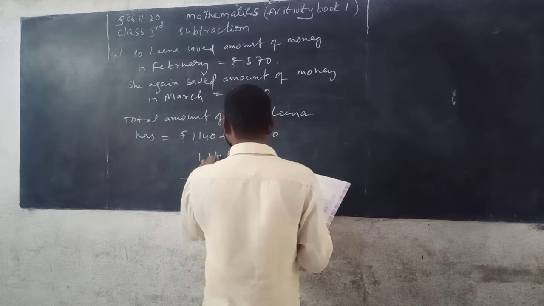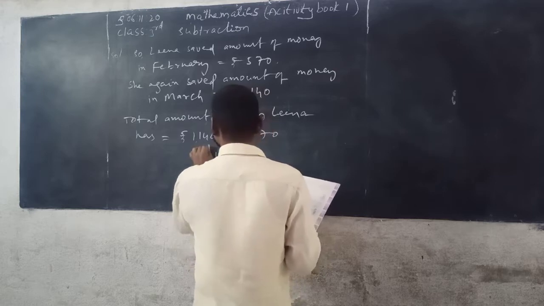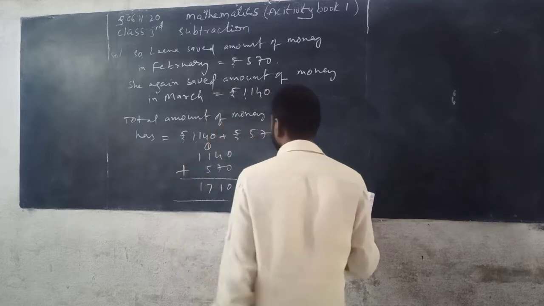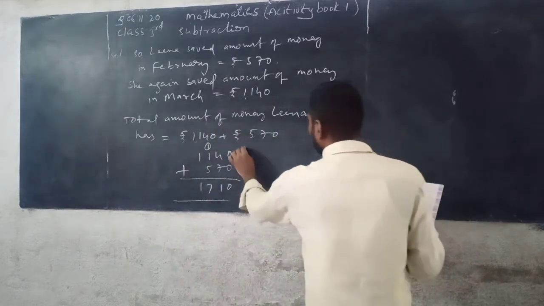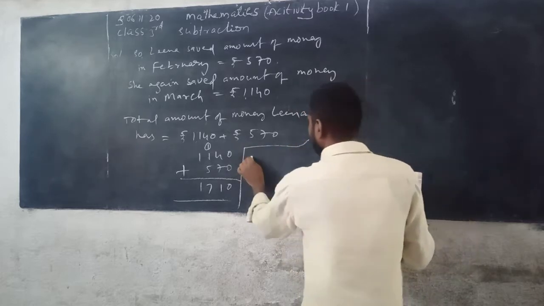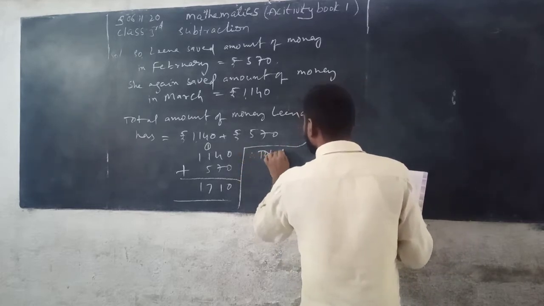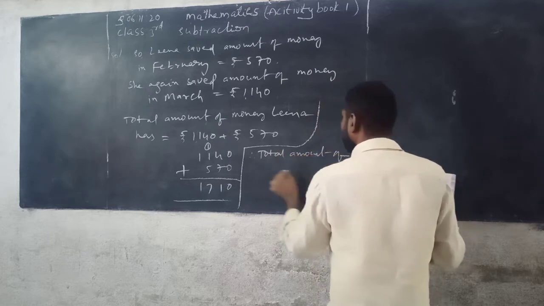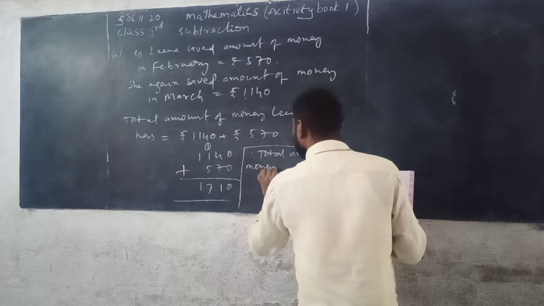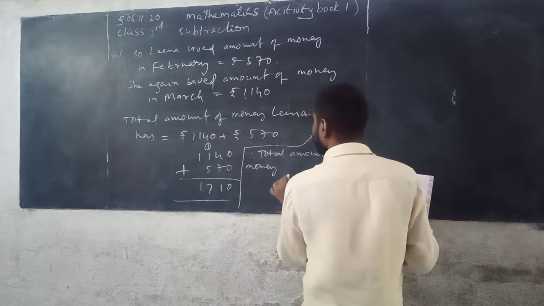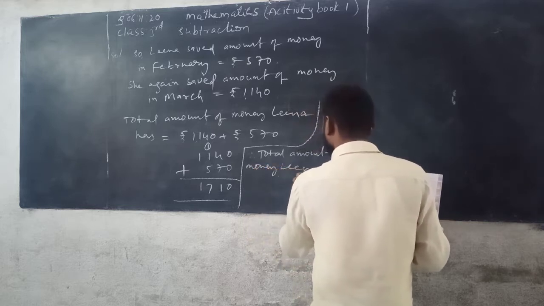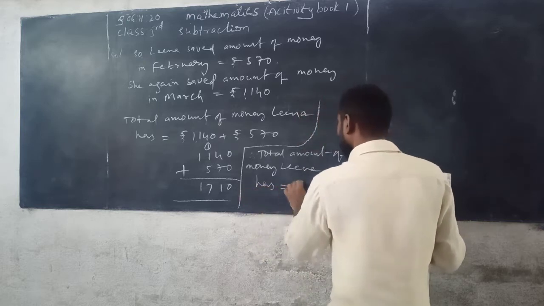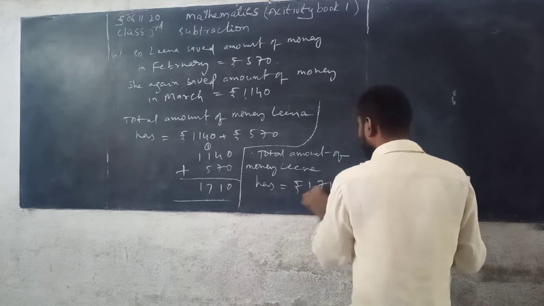See here, 0. 4 plus 7 is 11, 1 taking, 1 carrying. 1 plus 1 is 2, plus 5 is 7. 1. So write down everybody. Therefore, the total amount of money Leena has is equal to 1710 rupees.